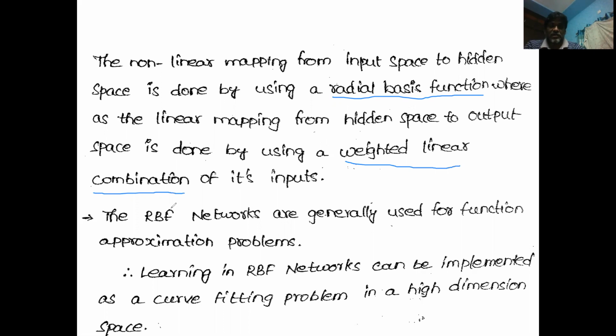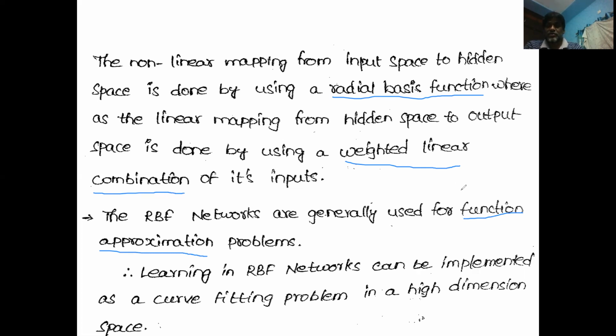Radial basis function networks are generally used for function approximation problems. That means we will identify a function that maps the given inputs to the corresponding desired responses. In identifying that function, we perform two mappings while converting from input space to the final target.